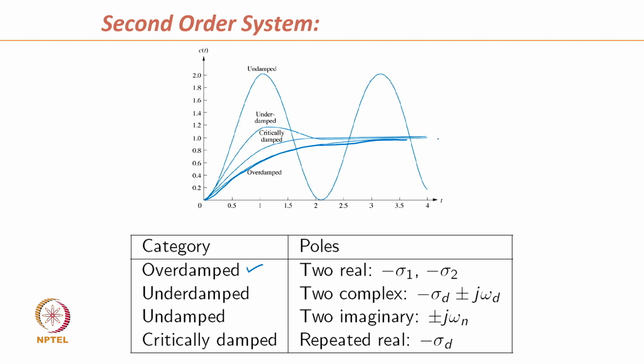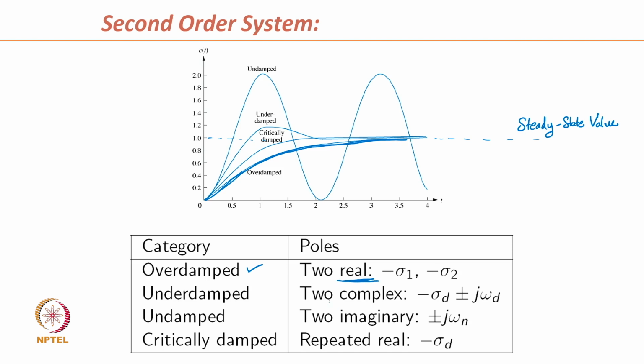This is the final value, which is the steady state value, and the system approaches this steady state value in a very sluggish way. This is called overdamped, and the characteristic of an overdamped system is that the roots of this characteristic equation are both real.